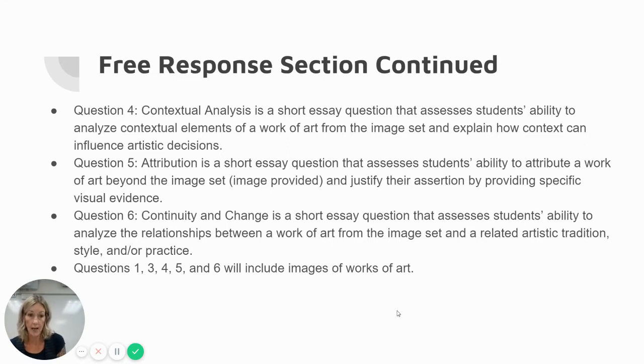So it's a short essay, but they want to see if you can talk and discuss the relationships between a work of art and the traditions of that work of art, and how those traditions either stay intact or how they change.